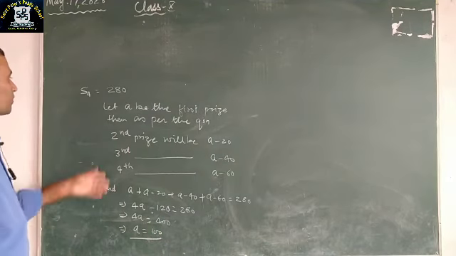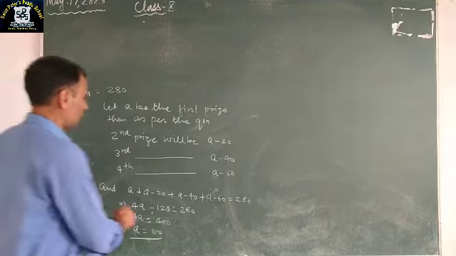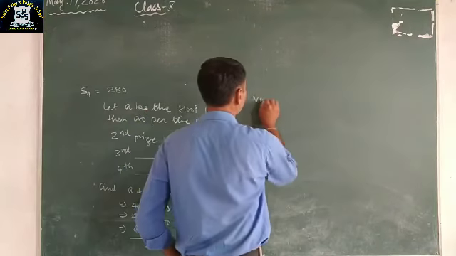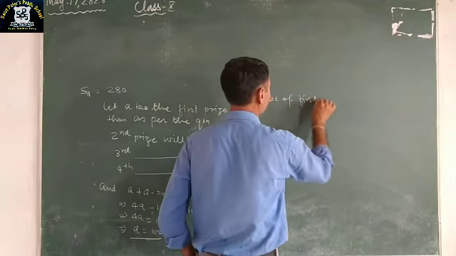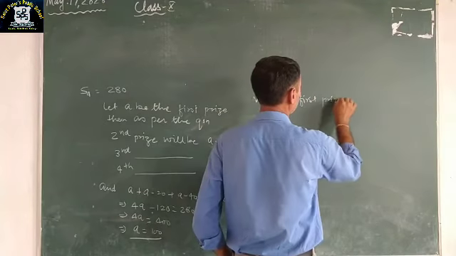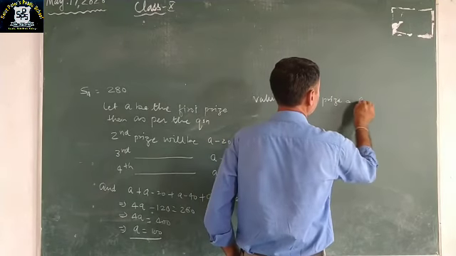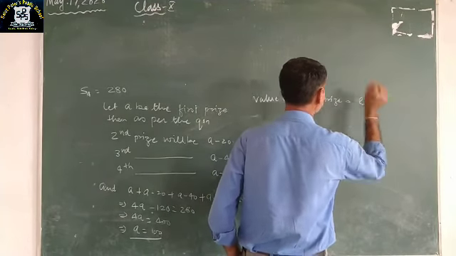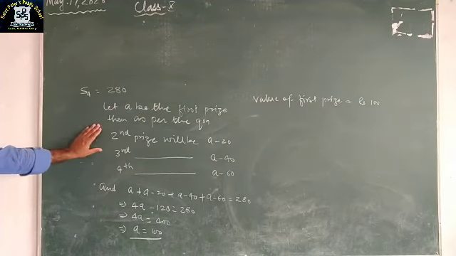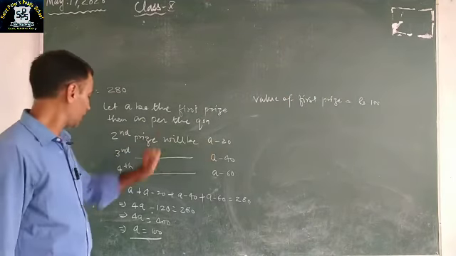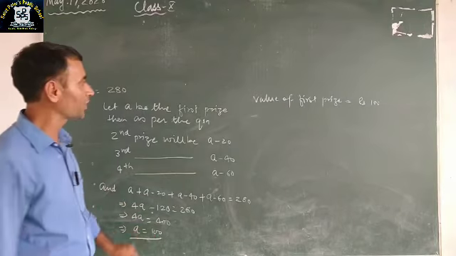So the value of the first prize is 100 rupees. Then what will be the value of the second prize? A minus 20, and here A is equal to 100 rupees.